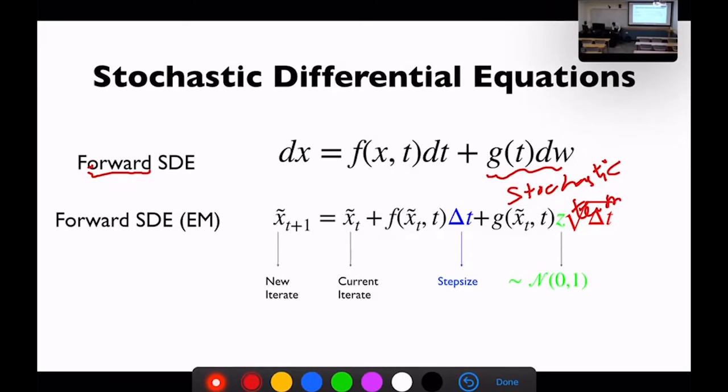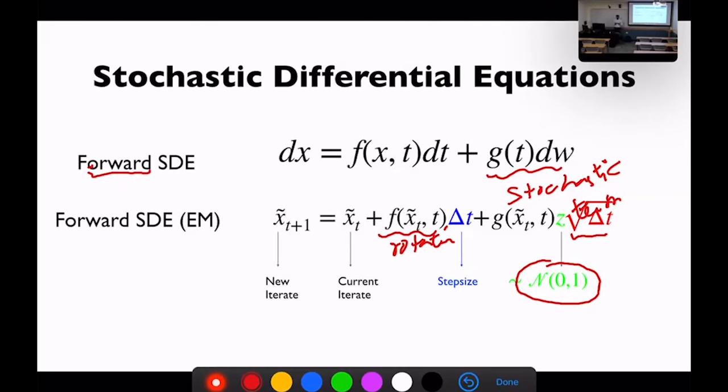You draw a random sample from a normal distribution, and then there's also a factor of the square root of t. So we use a step size of delta t; think of this as rotating the pixel or the particle by delta t amount, and then you're adding a little bit of noise to it.